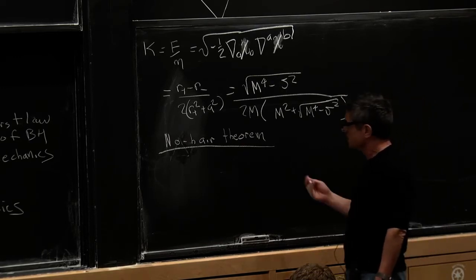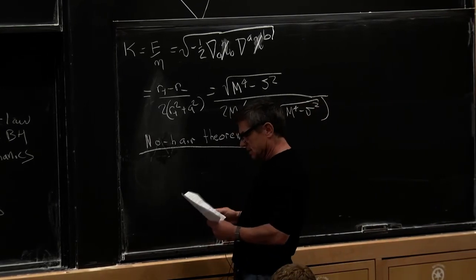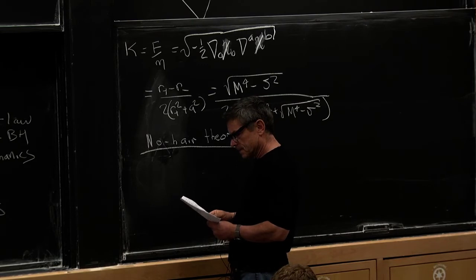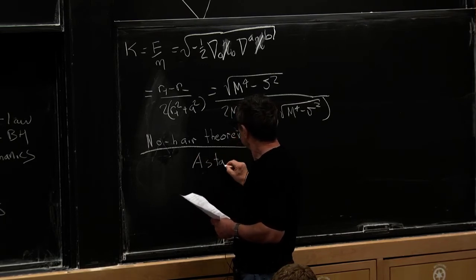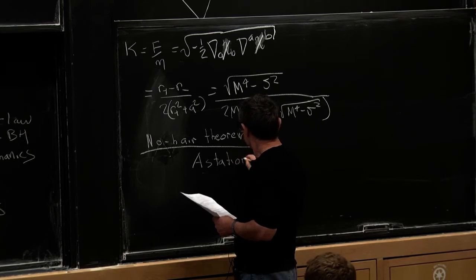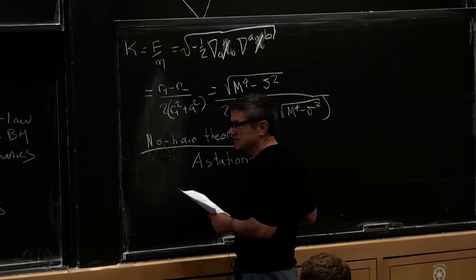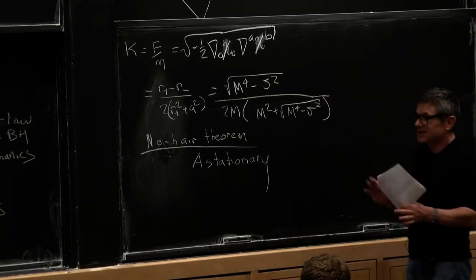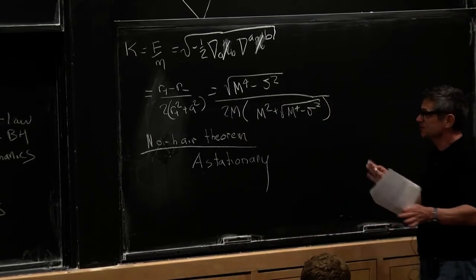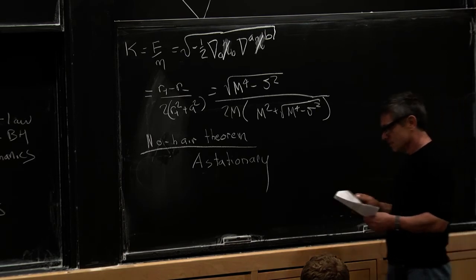And the statement is that a stationary black hole, and there are many versions of the so-called no-hair theorem and different kinds of theories with different matter content and different number of dimensions. I'm not going to try to review them all.